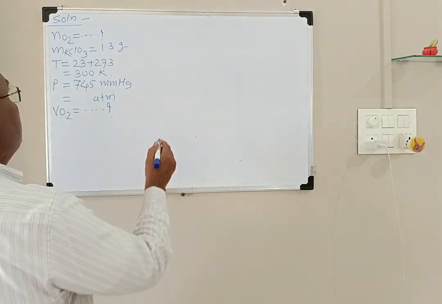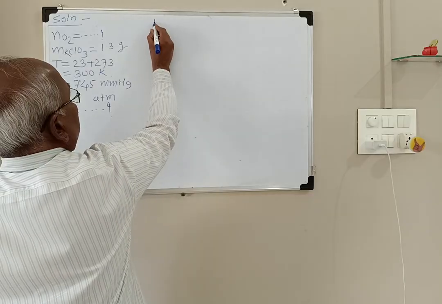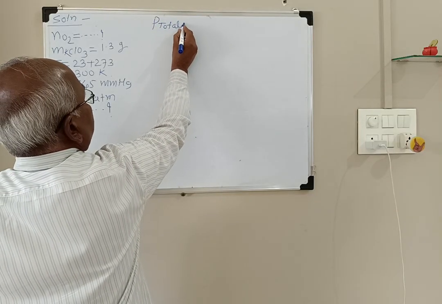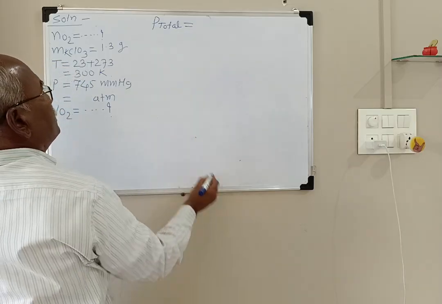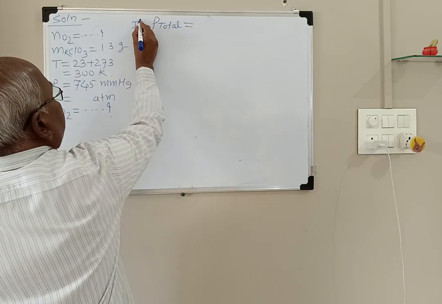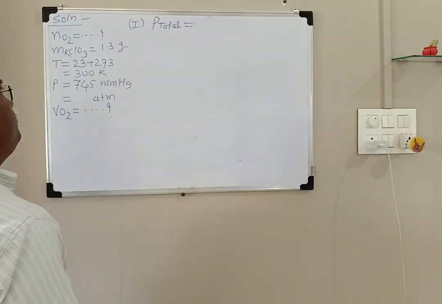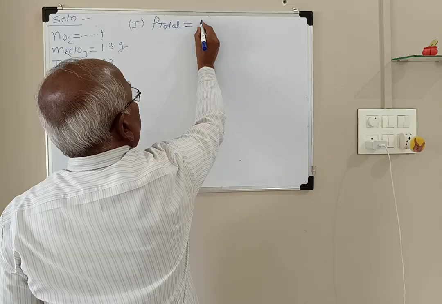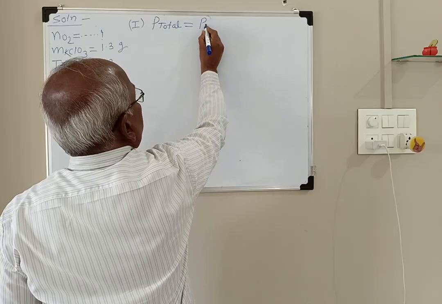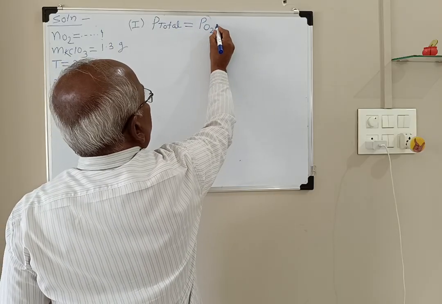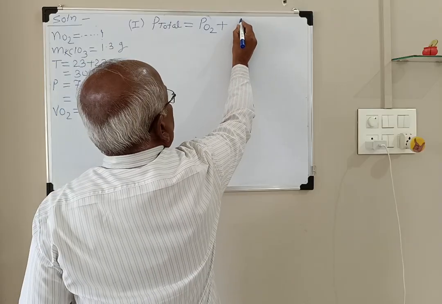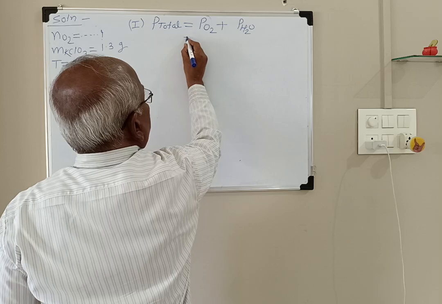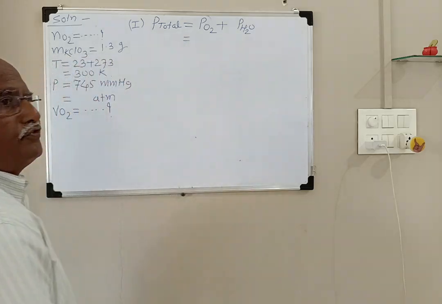So I write, this is our first step: total pressure, P total, is equal to partial pressure of O2 plus partial pressure of H2O, that is, the vapor pressure of water.